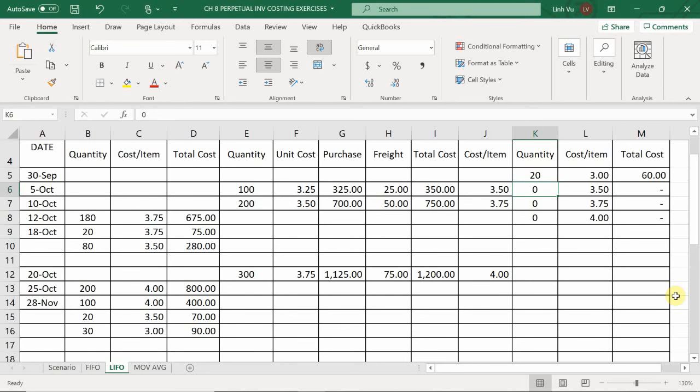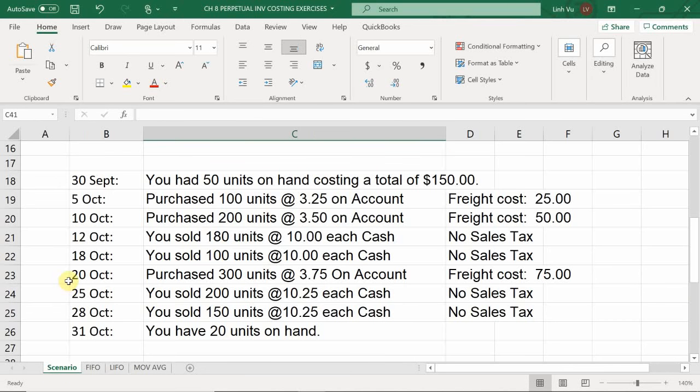So we're left with a quantity of 20 costing $60. Good. You should have 20 items left.